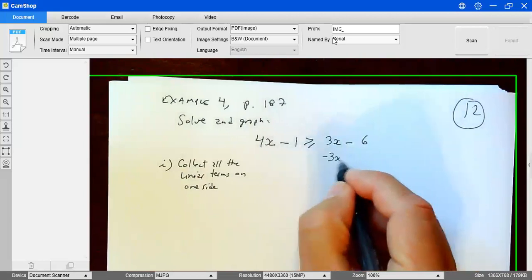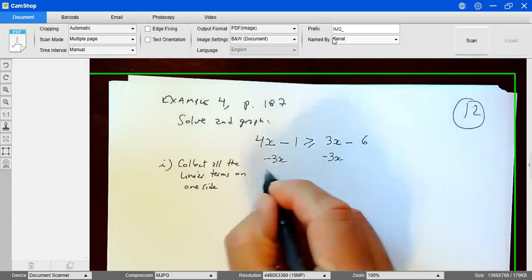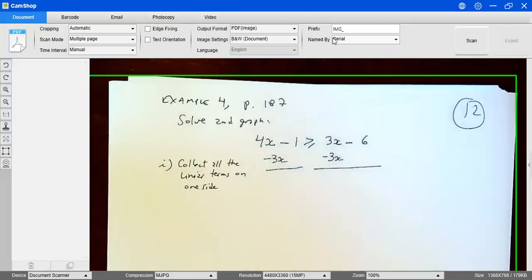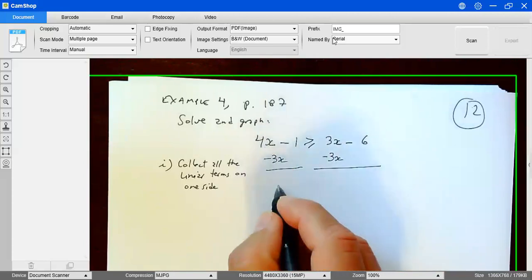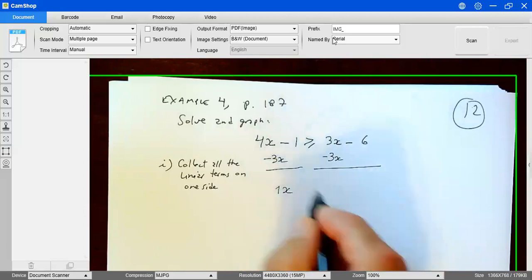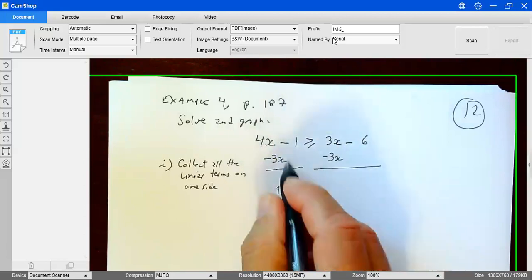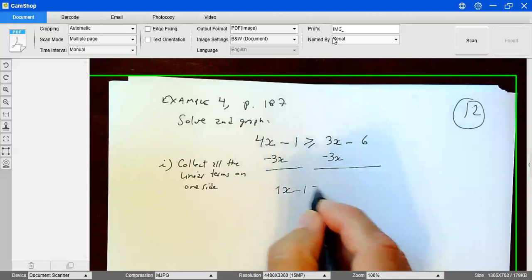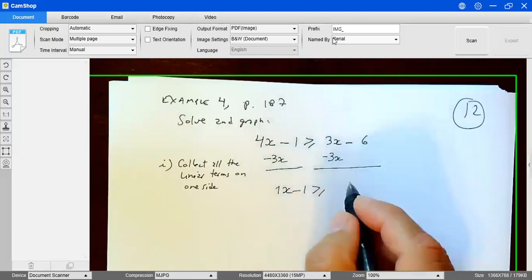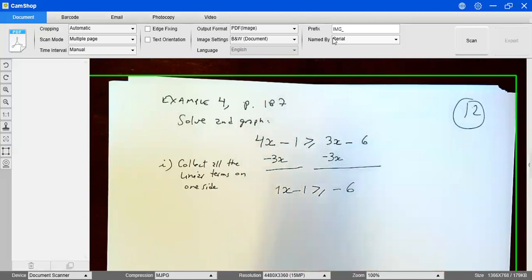How? Subtracting from both sides of the inequality, subtracting 3x. So 4x minus 3x is going to be just 1x. I have this negative 1. Don't forget what is left. And then these two cancel, so I'm just going to get negative 6. So this is like solving an equation when you use the addition property.